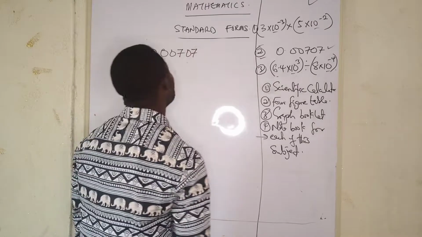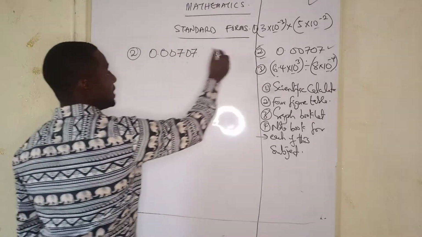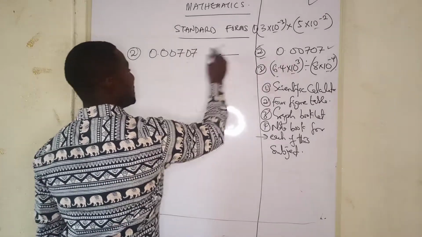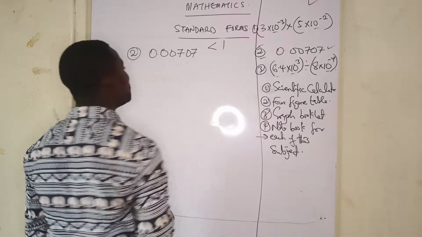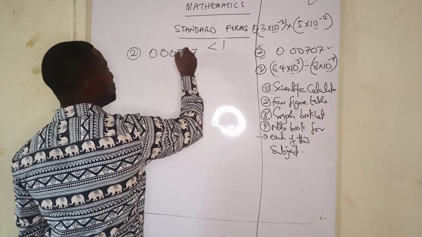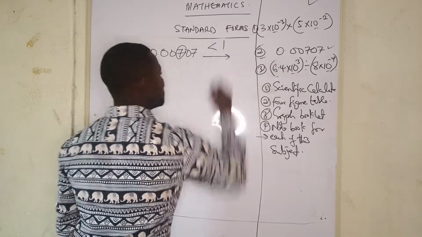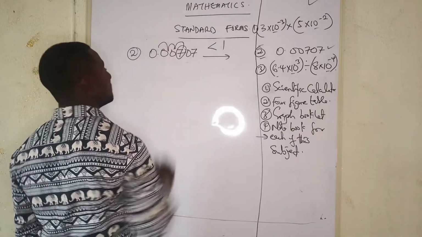0.00707. Now, if you look at this number very well, you discover that this number is less than what? Less than 1. And when it's less than 1, what do we do? We move the dot to the unit value forward. Now, let's go. 1, 2, 3.